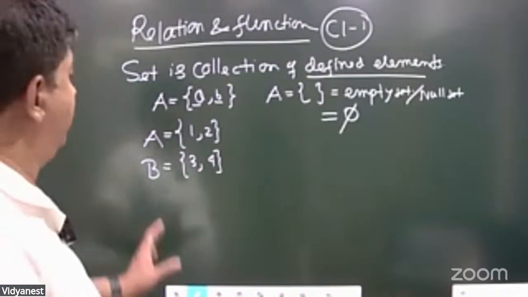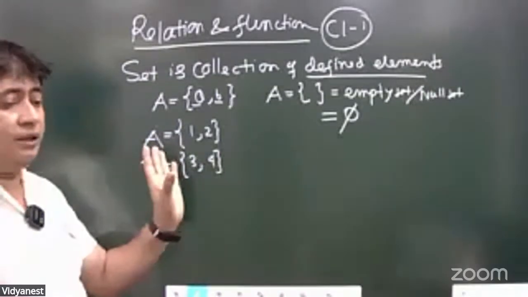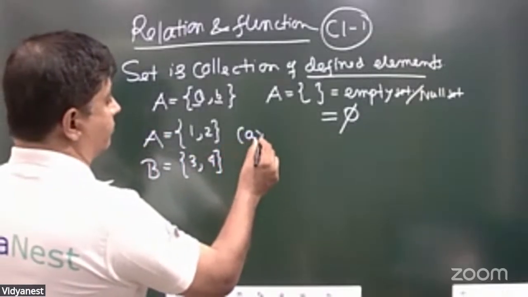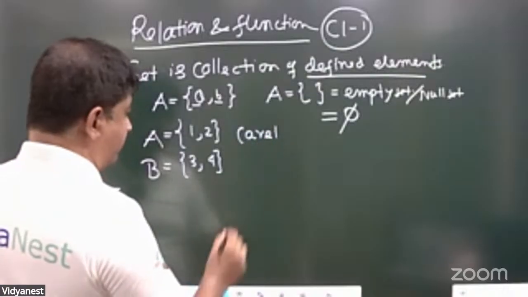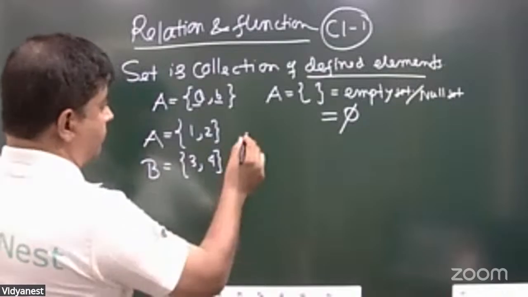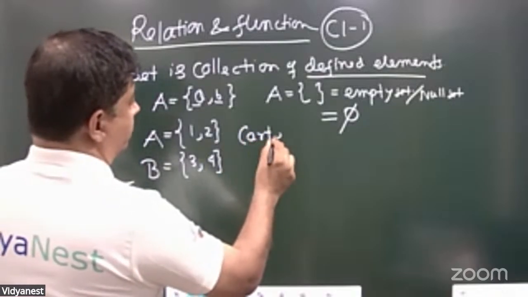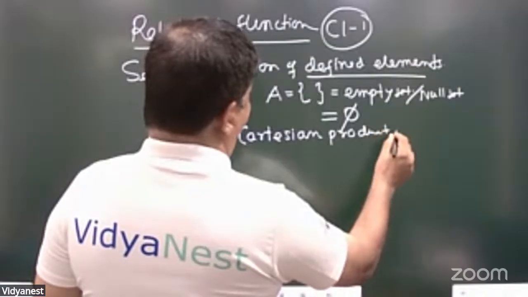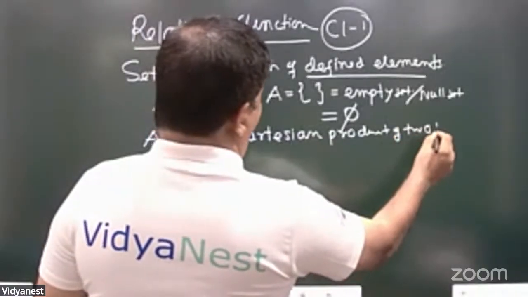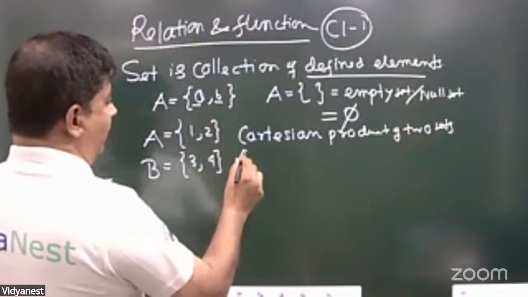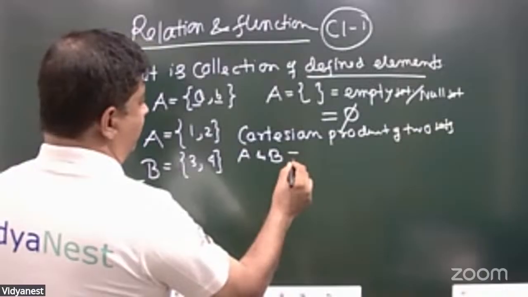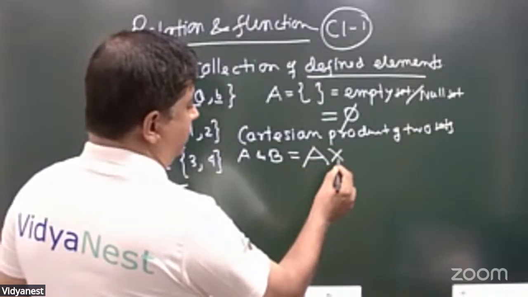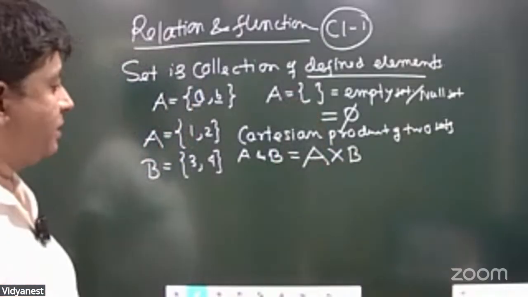Now we'll find the Cartesian product of two sets A and B. That will be denoted by A cross B. Okay, Cartesian product A cross B. Is it synonymous to a normal product?